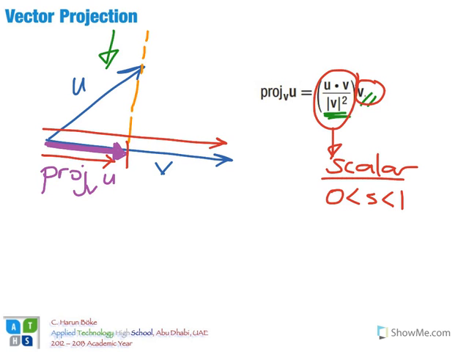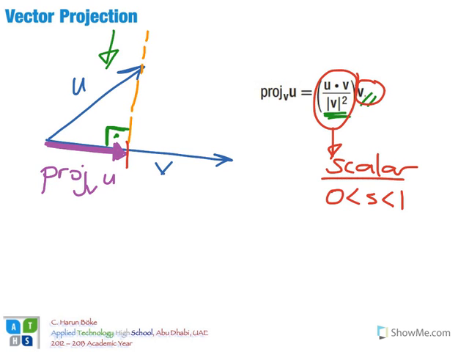Alright? So here we multiply the scalar with the vector so that we find the actual projection. We are calculating this projection so that the angle in between here is 90 degrees.